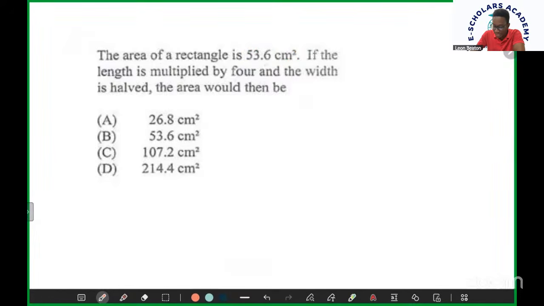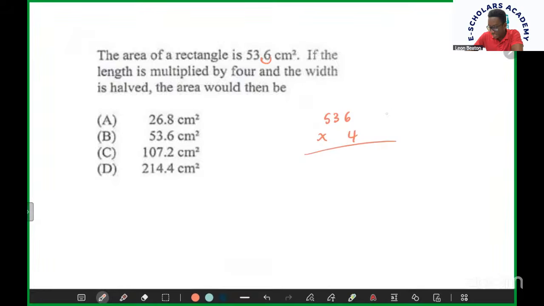And if you halve the width, that is the same as halving the answer. So everything we do to the length and width, we can do to the area. So we multiply 53.6 by 4. I can drop the point and end up with 536 multiplied by 4.